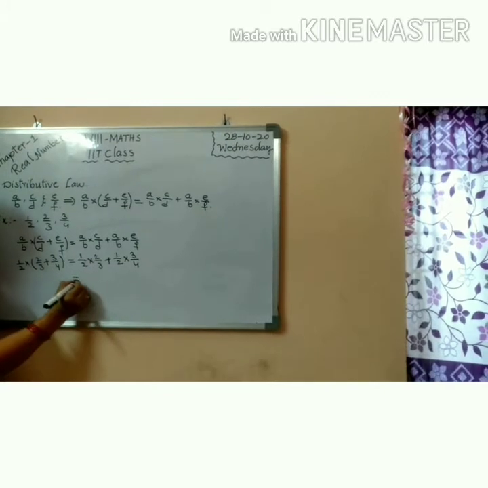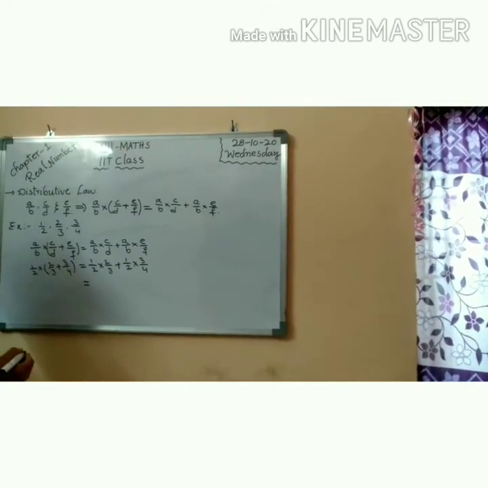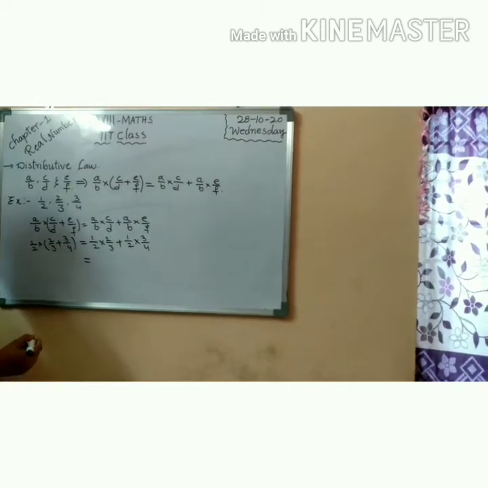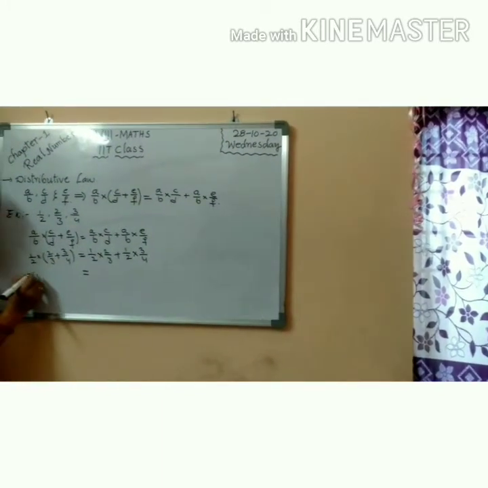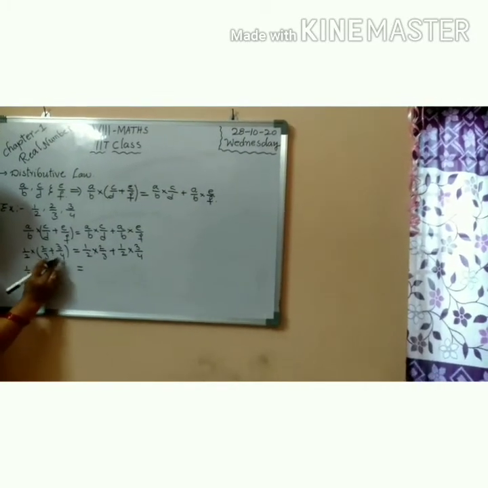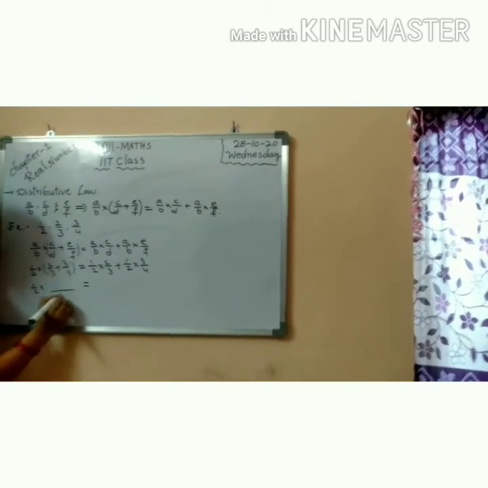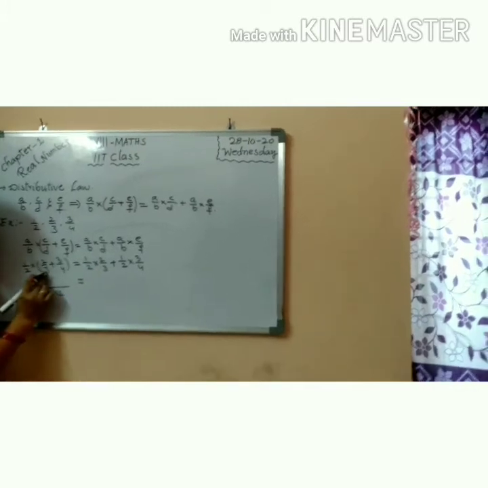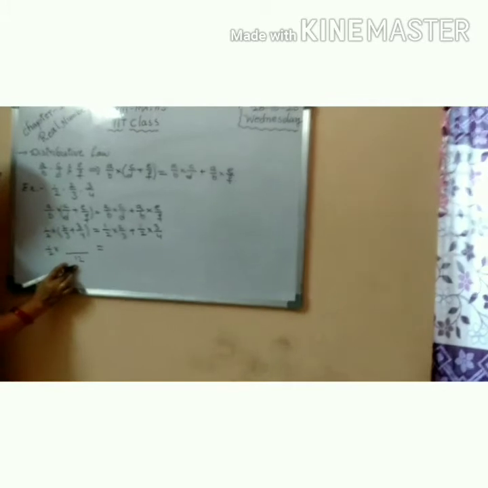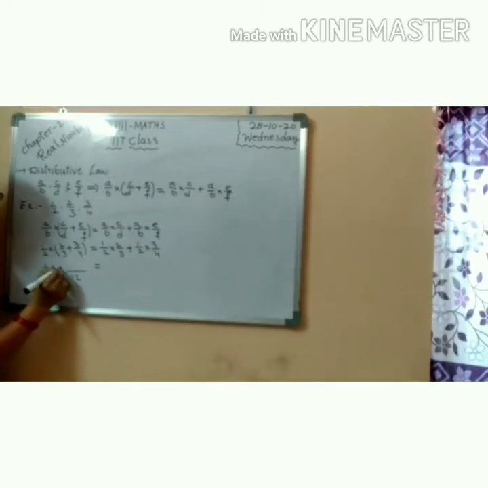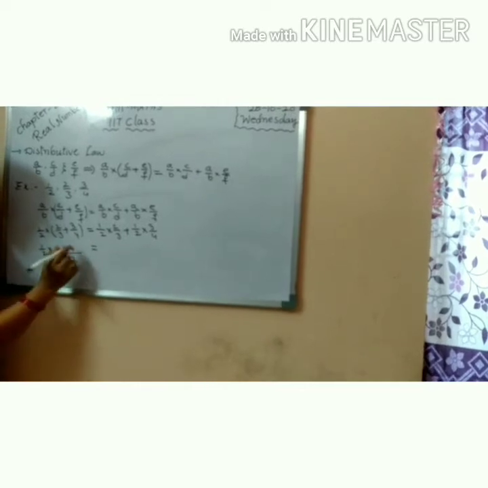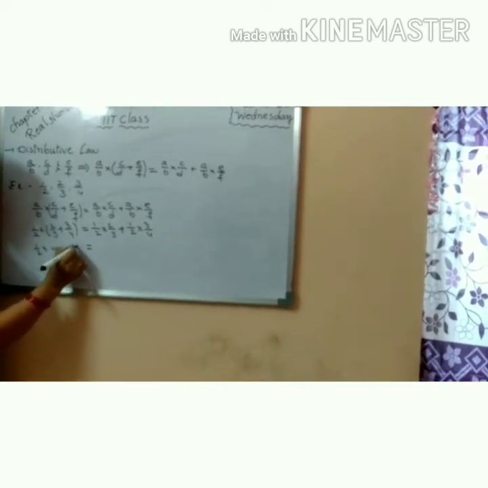Okay, so here do multiplication. Take the LCM for 2/3 plus 3/4. The LCM of 3 and 4 is 12. In 12, how many times is 3 possible? 4 times, so 4 into 2. And 4 in 12, 3 times possible, so 3 into 3.